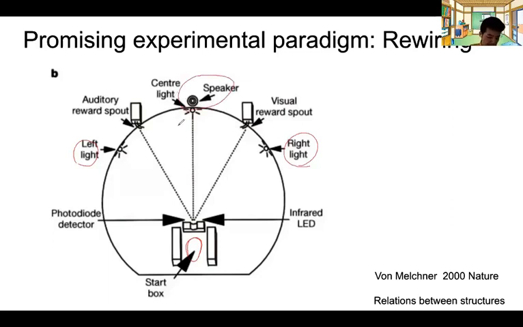Then they trained the ferret, using the normally developed hemisphere where no rewiring had been operated, to go to the left when it hears an auditory sound, and go to the right side of the reward spout when it sees light, okay? So if it's vision, go to the right. If it's audition, then go to the left. And the ferret learns this very quickly. It's a very easy discrimination.